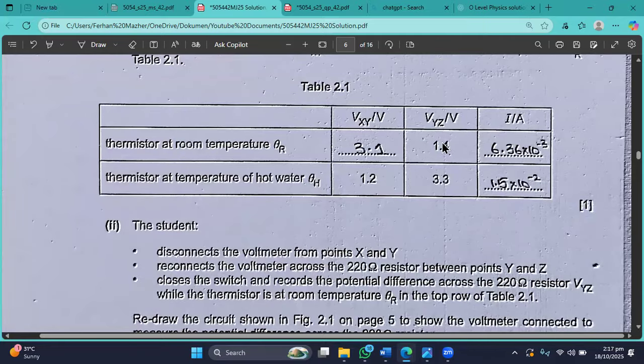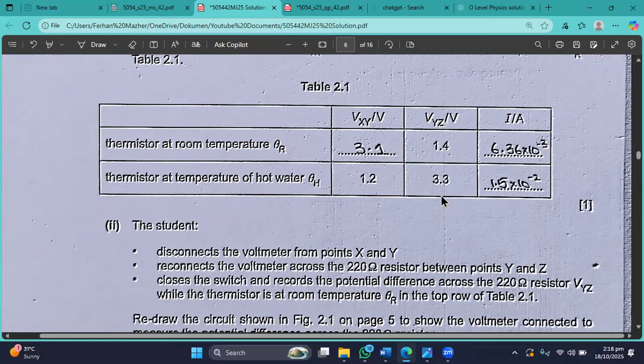The value of I is very simple. You see, this is the voltage drop across that fixed resistor. When it is at room temperature, the voltage drop is 1.4 and its resistance is 220. So when you divide 1.4 by 220, you get the current flowing through it. And when it's at the hot water's temperature, which was 83 degrees, the voltage drop across the 220 ohm fixed resistor is 3.3 volt.